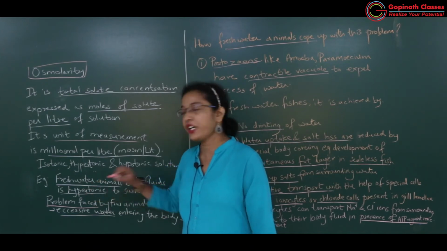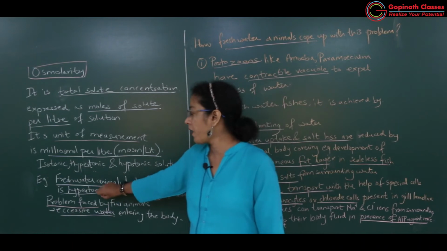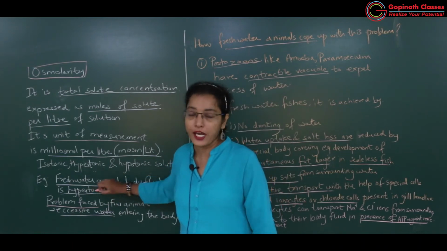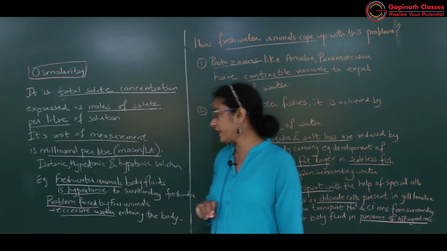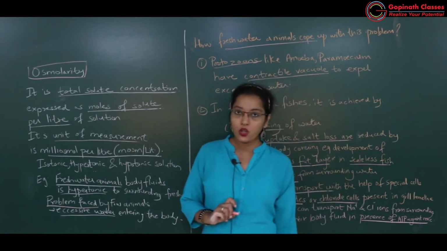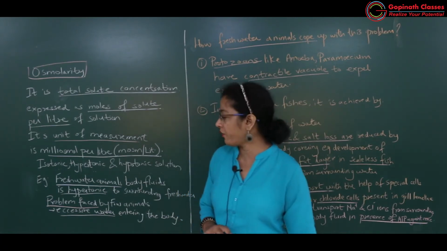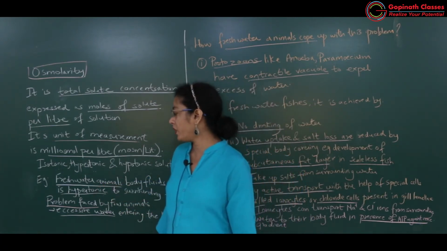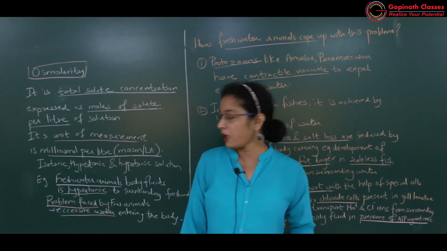So the body fluids which are present in the freshwater animals are hypertonic. Hypertonic means the concentration of the solute is more in the body fluid. Okay, so if the concentration of the solute is more in the body fluid, what is going to happen? They will have to face a problem. What problem will they have to face?